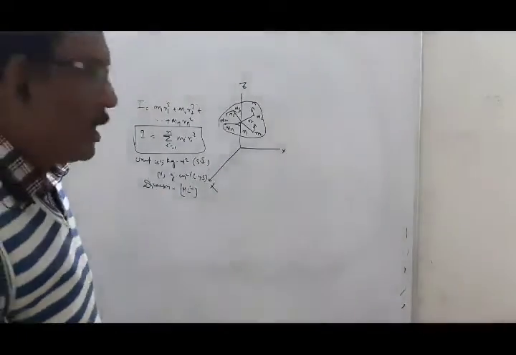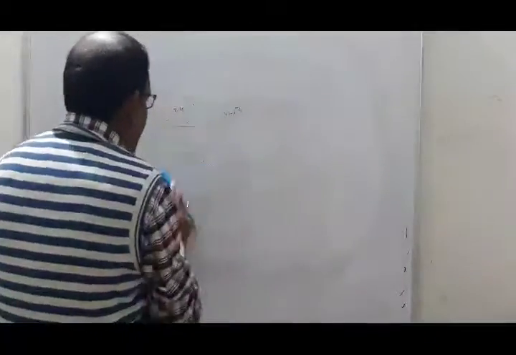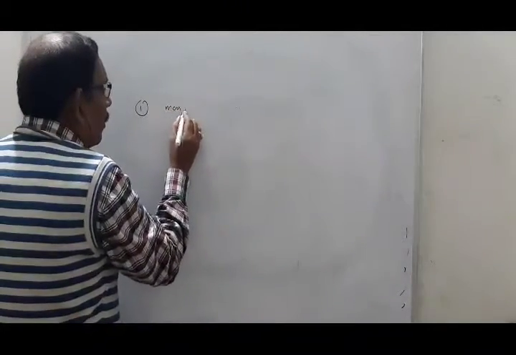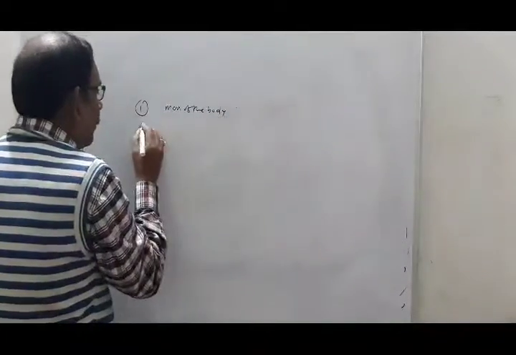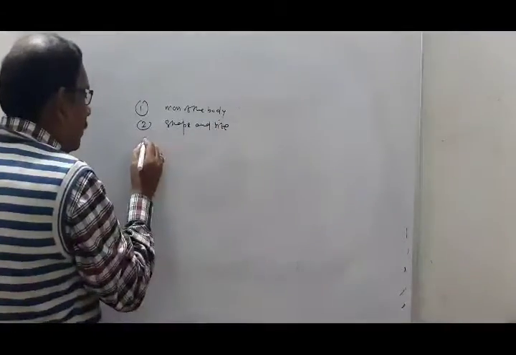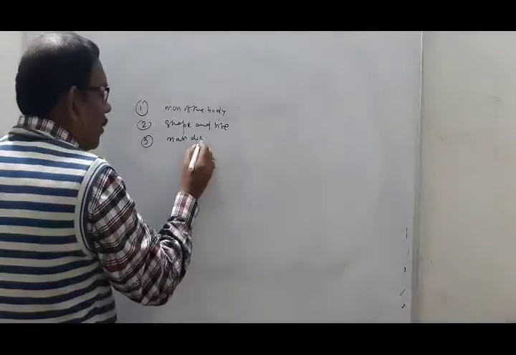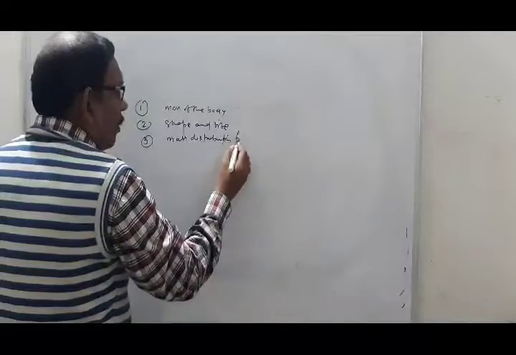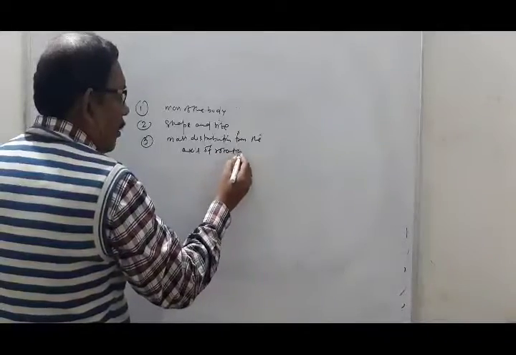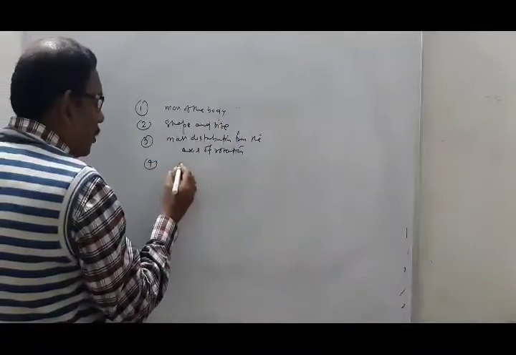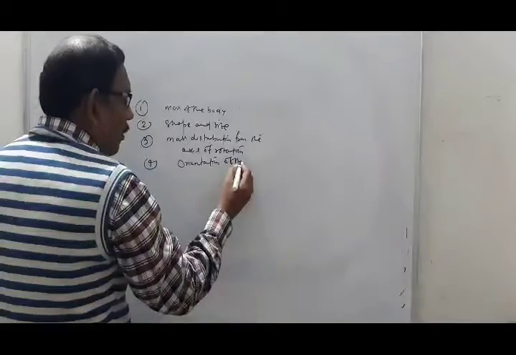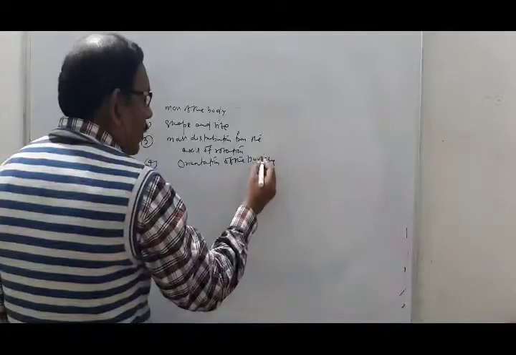Now, on which factors does the moment of inertia depend? Number one, the mass of the body; shape and size; mass distribution from the axis of rotation; and orientation of the particles.